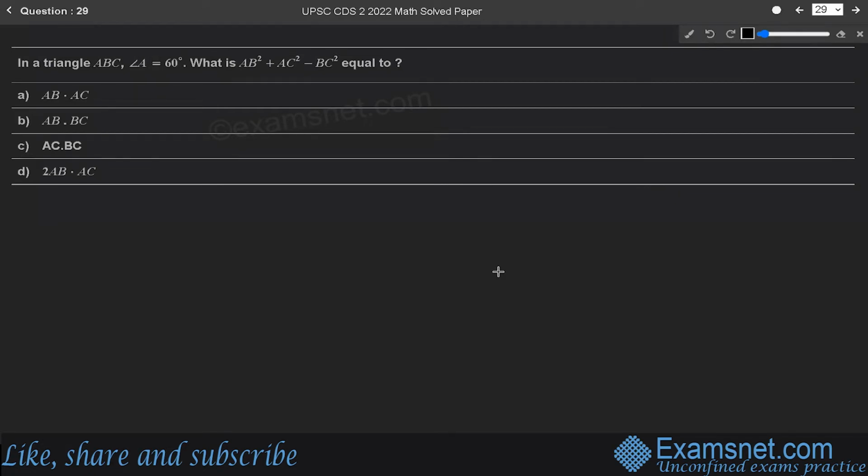Next question is: in a triangle ABC, angle A is equal to 60 degree. What is AB square plus AC square minus BC square equal to? So first let us consider a triangle here, A, B and C. Angle A is given, which is 60 degree.